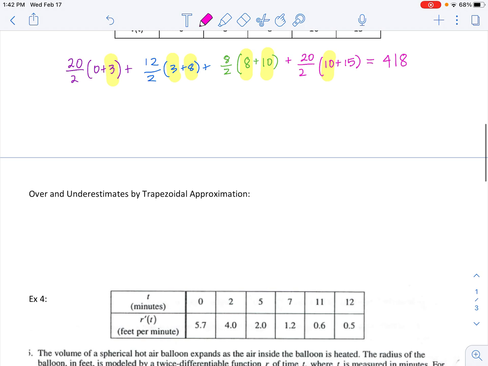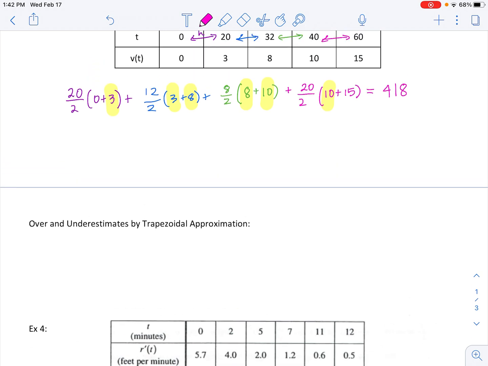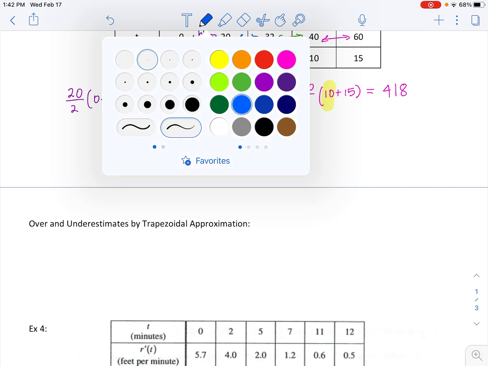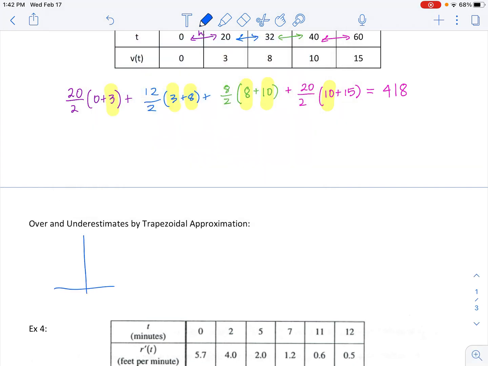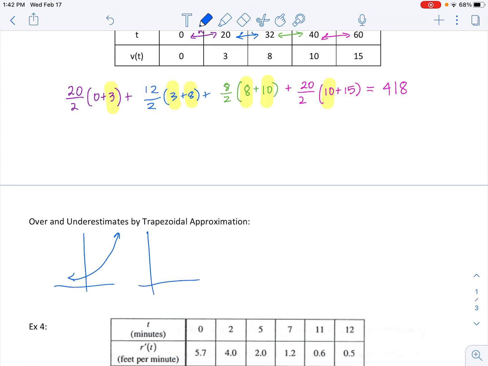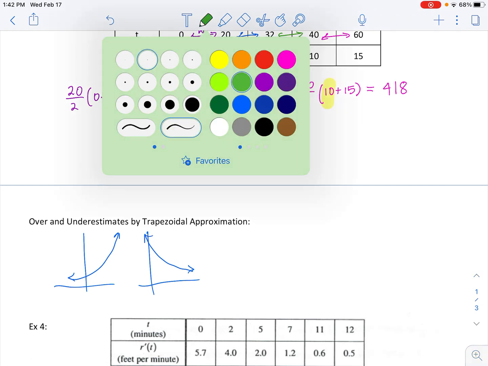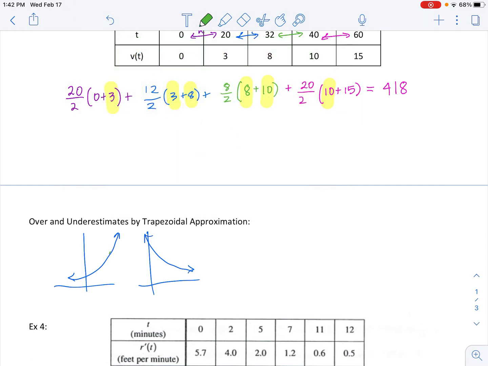Okay. Let's talk about over and under estimates of trapezoidal approximations. So back when we did rectangles, we knew that if a function was increasing or decreasing, that determined whether or not the approximation would be an over or under approximation. It's very different for trapezoids. So anytime a function is concave up, whether it's increasing, as in this case, or if it's concave up and decreasing, as it is in this case, any trapezoid is going to fall above the curve.